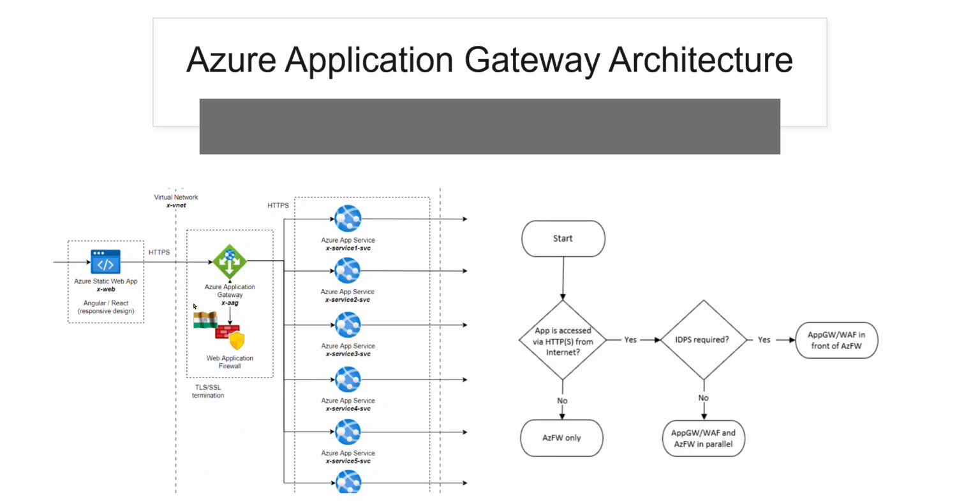There is a lot of configuration done over here. When it starts from here, the application is accessed from the internet via HTTPS. And if it's not HTTPS, it will be sent to Azure Firewall.